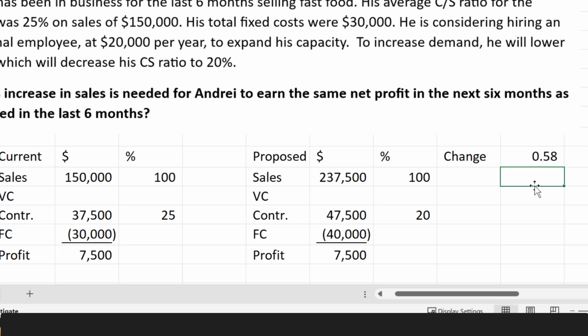So a 58% increase is needed to our sales revenue if we're going to lower our prices and hire the new employee. So that's great information for Andre to have for managing the performance of his business.